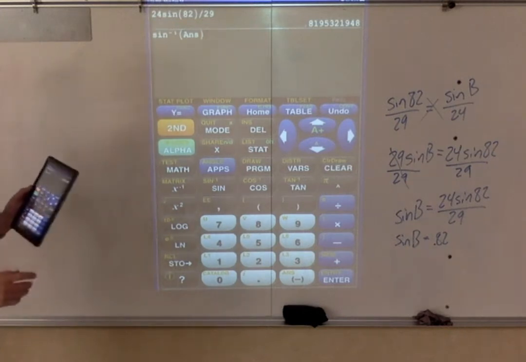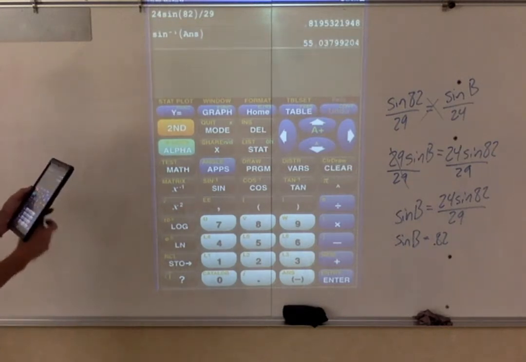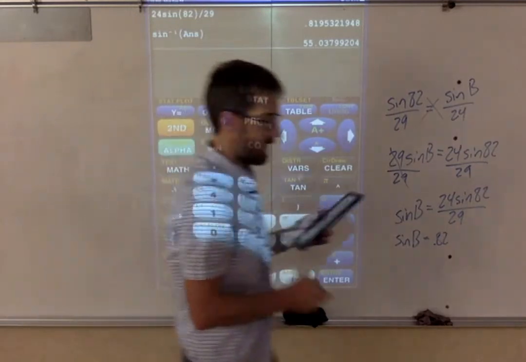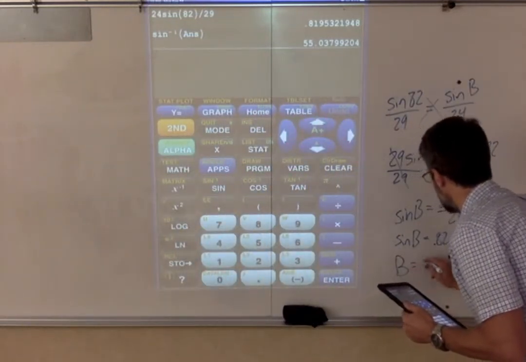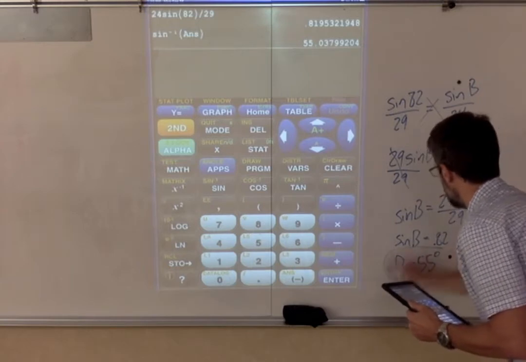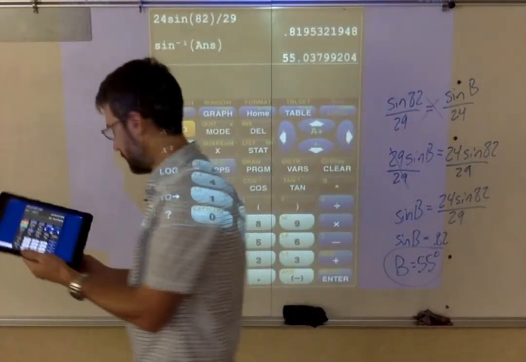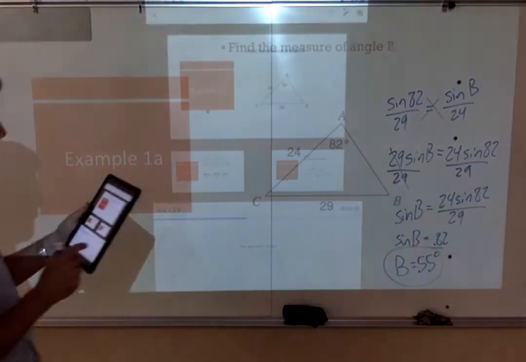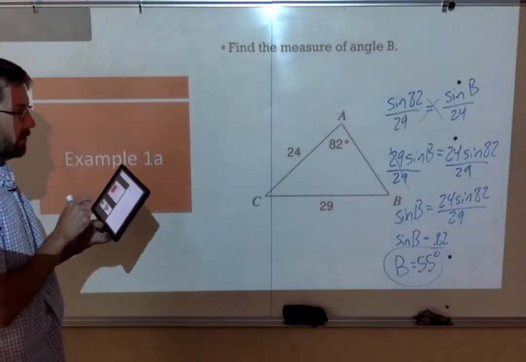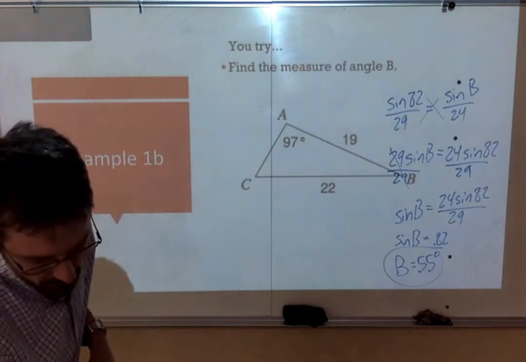Inverse sine of ANS, end parenthesis, hit enter, and 55 degrees approximately is angle B. Boom, solved. Okay. For the next one, if you want to pause and try it on your own, see if you can figure it out.